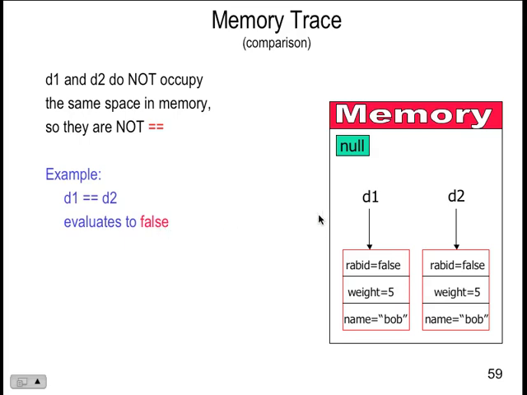What this demonstrates is that you can't create two instances of the same object, assign the same values to each, and have them be equal. If you notice, D1 and D2 have the same values associated with them, but they're never going to actually be equal because these are pointer addresses, and the D1 memory location is never going to be equal to the D2 memory location. So this always fails, which is one of the interesting things, especially with pointer variables.